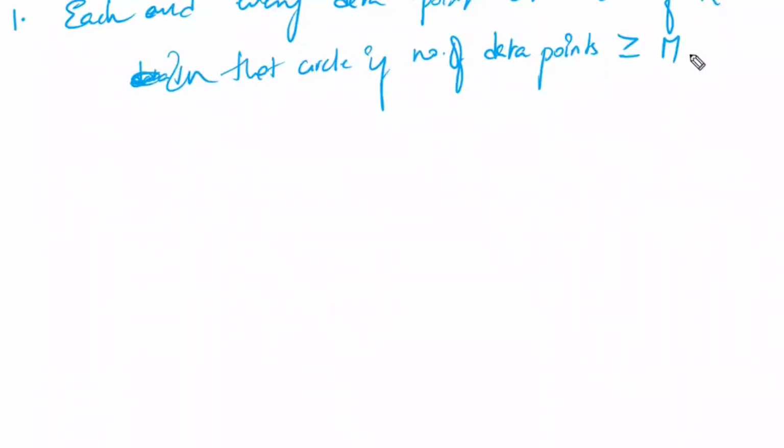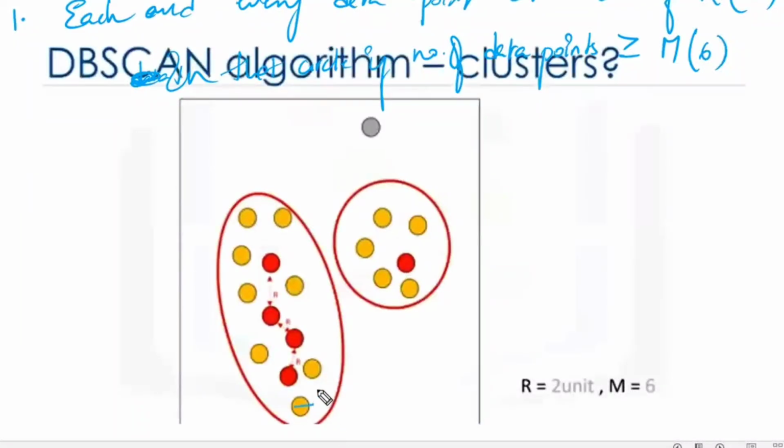There is no upper limit; the minimum M value should be satisfied. For example, you have drawn a circle of 2 and minimum of 6. Now you take a point, and for this you have drawn a circle like this. If it satisfies greater than or equal to 6, then it is called a core point.